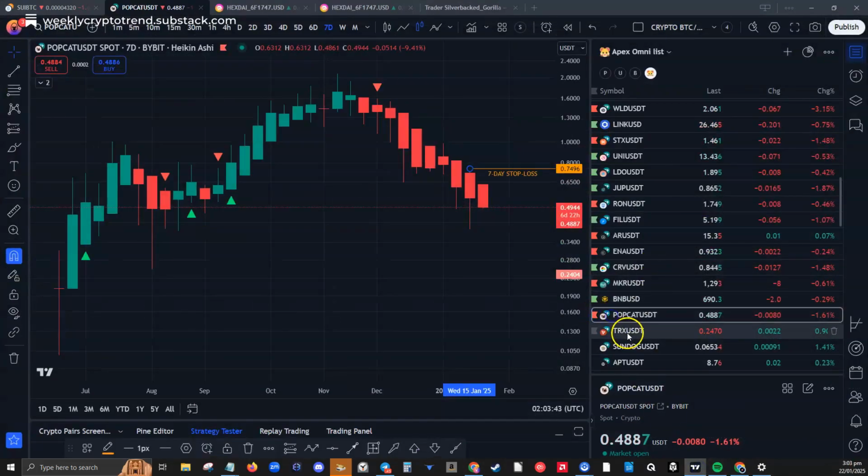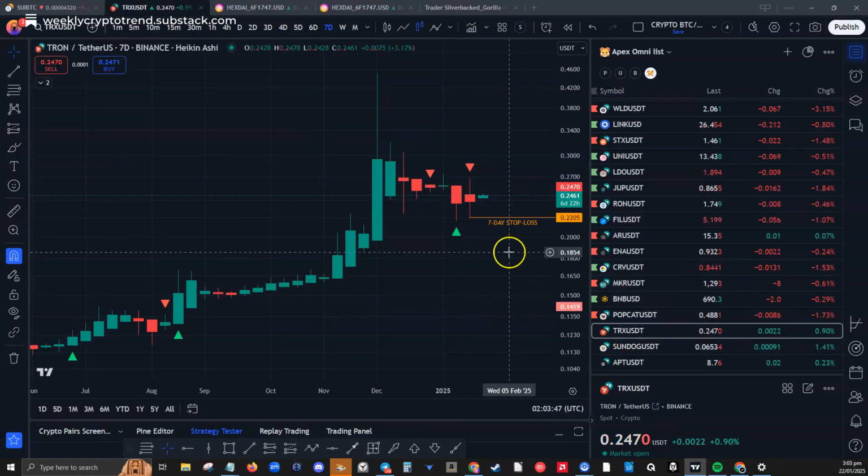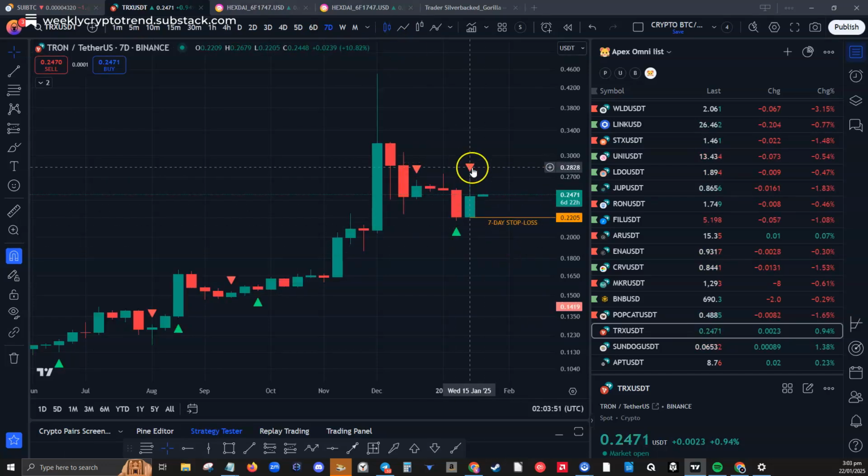Okay, so that's red. TRX should be automatically a buy. Change the normal candles. We do have a sell signal there.